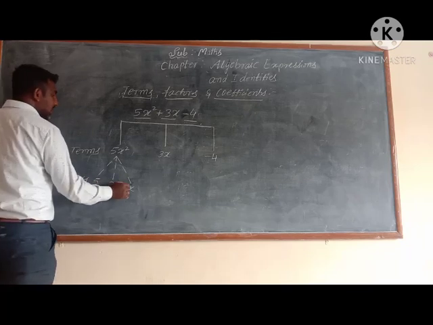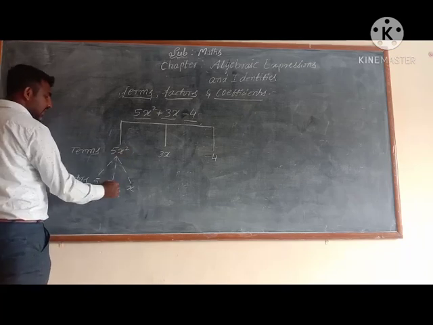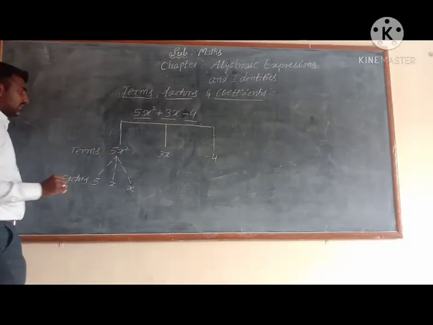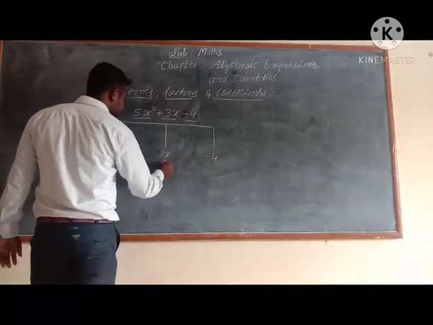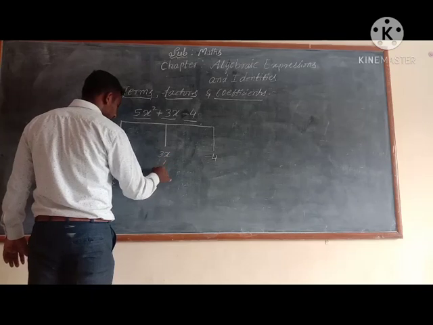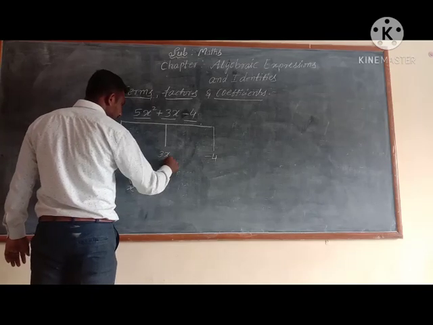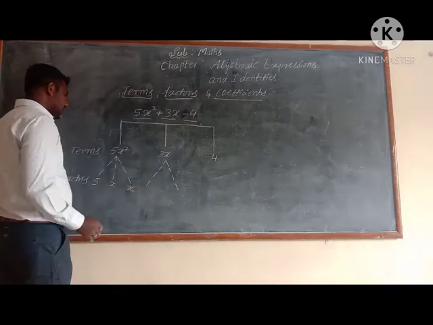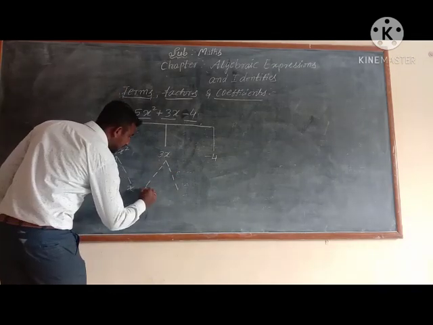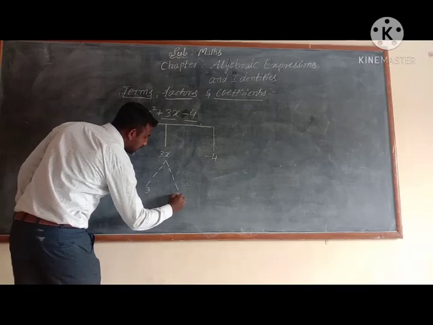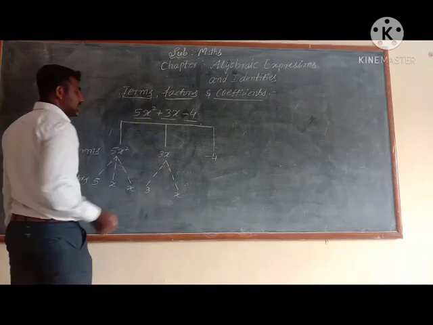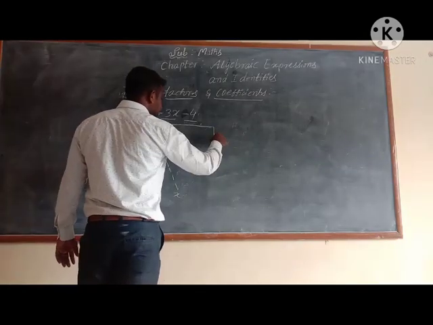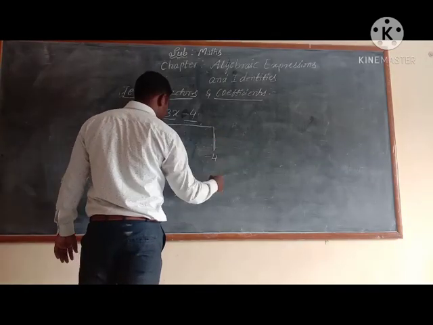These are the factors of 5x square. Similarly, this 3x is formed from the factors 3 into x. And this is the constant term.